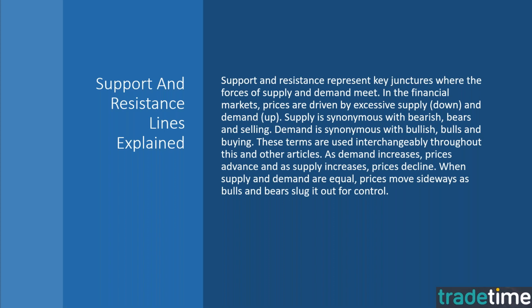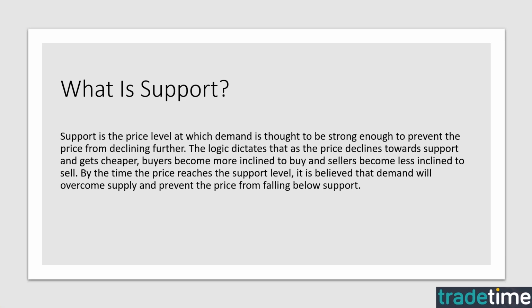Now, support and resistance represent key junctures where the forces of supply and demand meet. In the financial market, prices are driven by excessive supply or demand. Now, we all know that price doesn't move straight up. Price pushes up, eases back down, pushes up, eases back down, pushes up, eases back down, when it's moving in a trend.